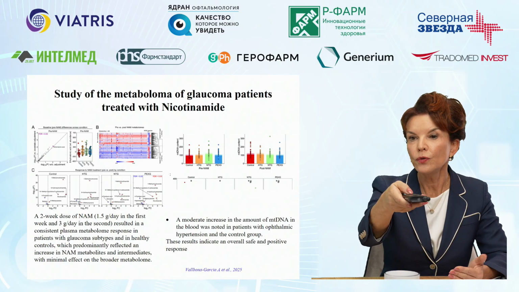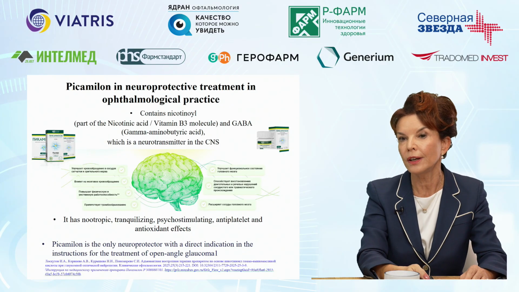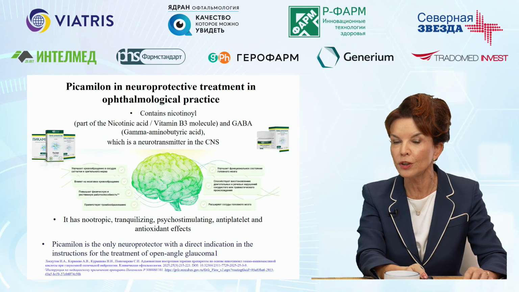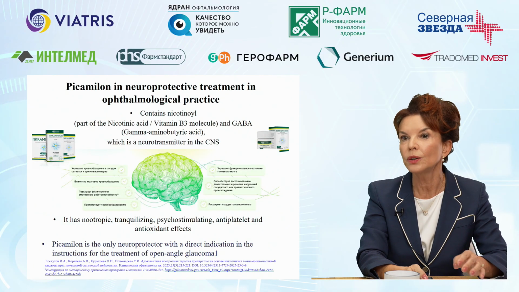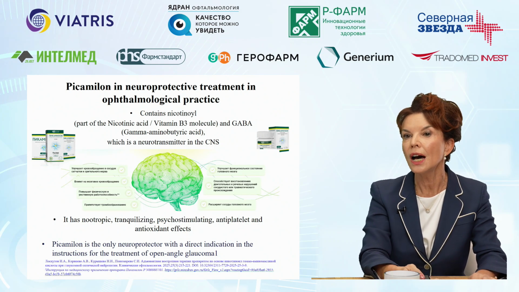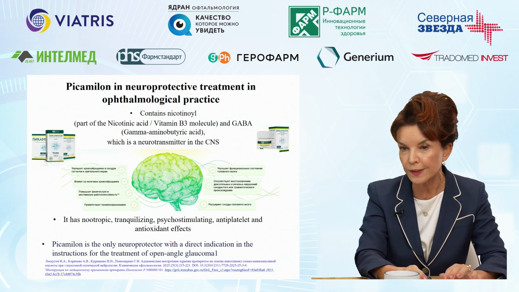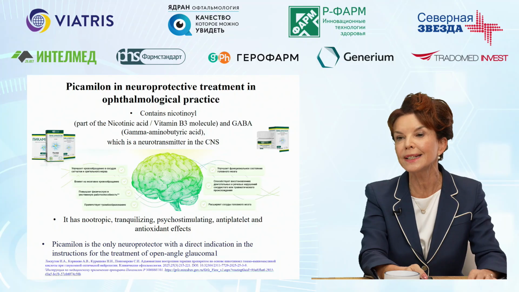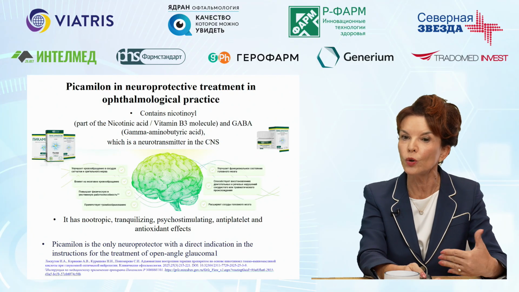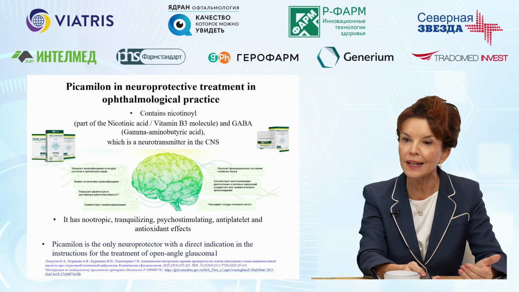So this question is the subject of study, but if you look at our Russian market of drugs, first and foremost, we're talking about picamilon, which contains vitamin B3 molecules, as well as gamma aminobutyric acid, which is a neurotransmitter in the CNS.